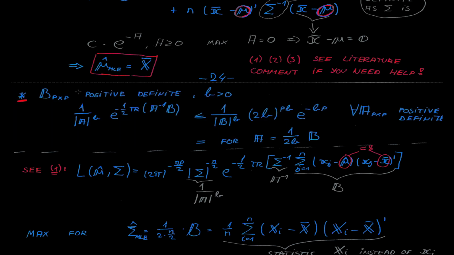So what does it say? That if we have a positive definite matrix and we have a constant that is larger than 0, then this number, so this is a number, we can compare only numbers, okay?